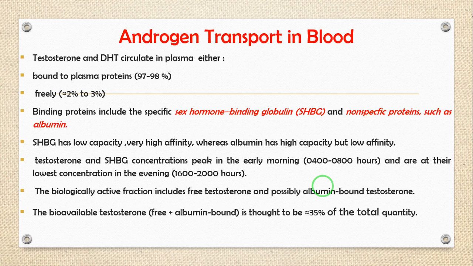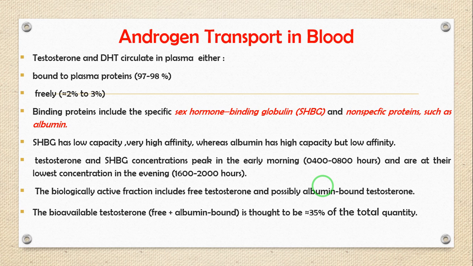The difference between these two proteins in binding capacity and affinity is that testosterone binds to sex hormone binding globulin with very high affinity, a strong binding, but the capacity of the sex hormone binding globulin for testosterone is low. On the opposite, albumin has high capacity for binding testosterone, but the binding is weak, and we call it low affinity.